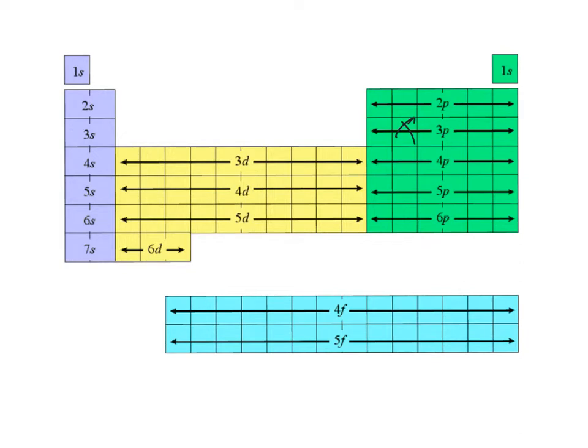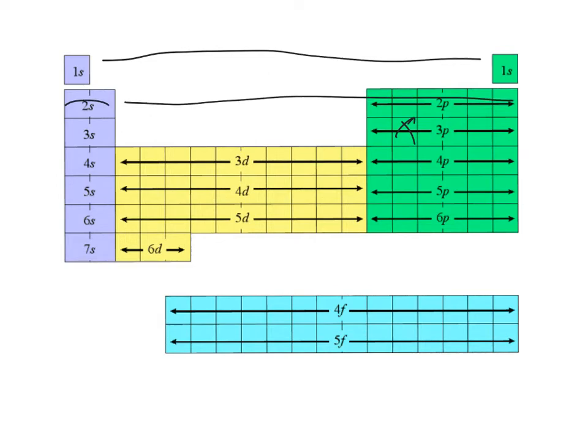You can assume that your 1s is full, your 2s is full, your 2p is full, and your 3s is full, because the only way to get to that point would be to have every other energy level and sublevel that came before it full. That's what Aufbau's rule says. You have to fill everything below that energy level before you get to the energy level you're currently at. So remember, you can make that assumption if you can identify where the element you're interested in is located.